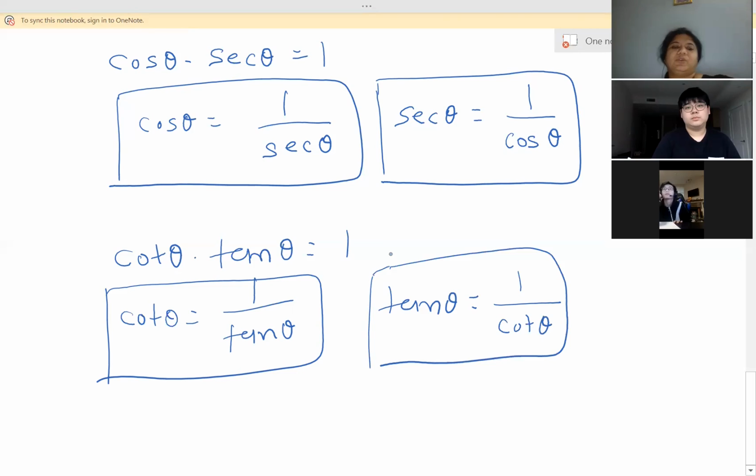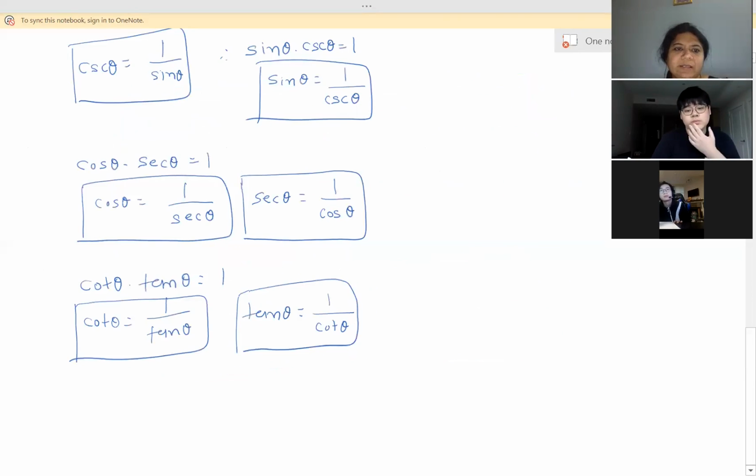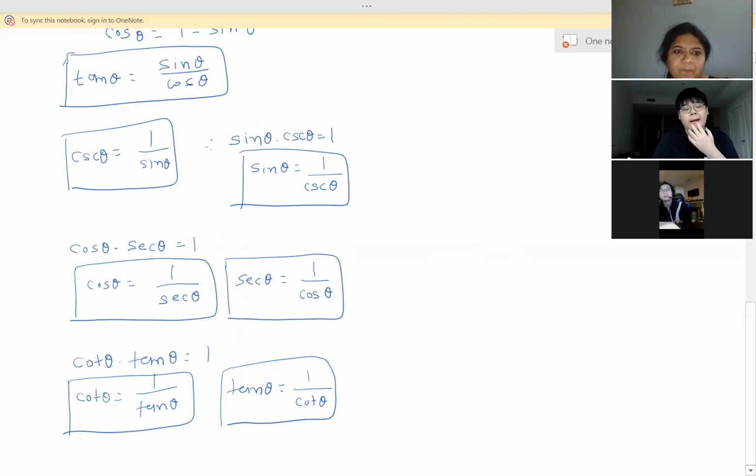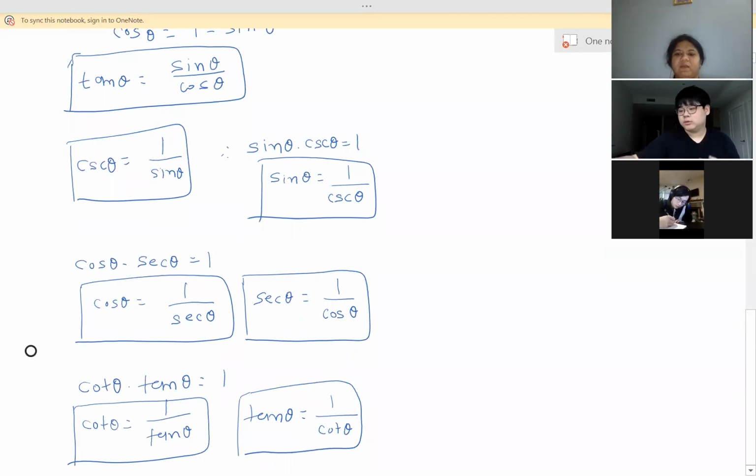Now you guys can write down these formulas. Then we will use all these formulas for the questions. I'm giving 5 minutes. You can write down all the formulas.